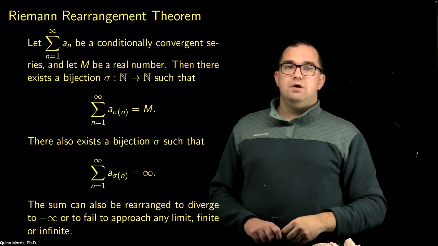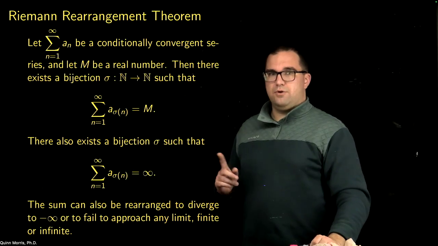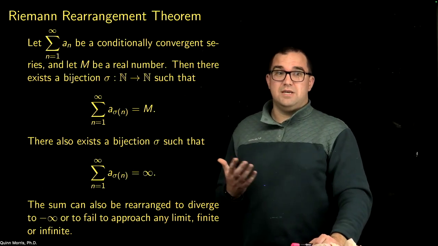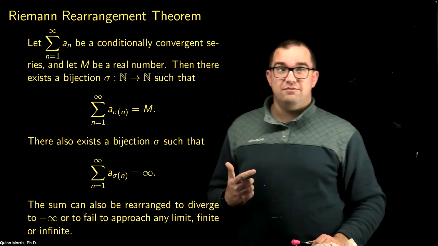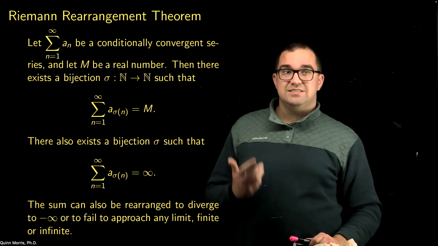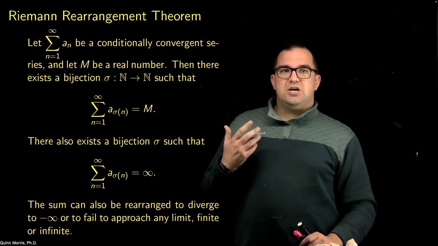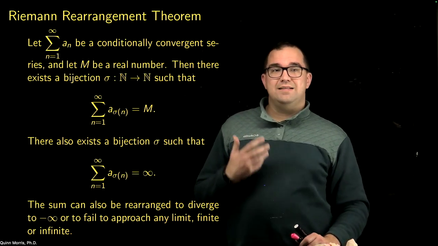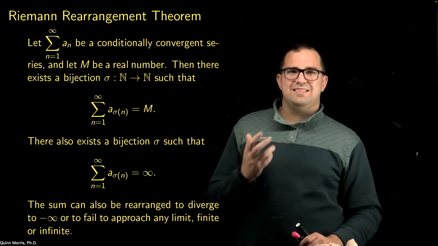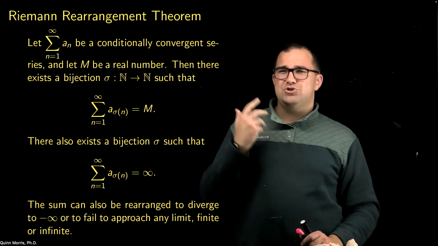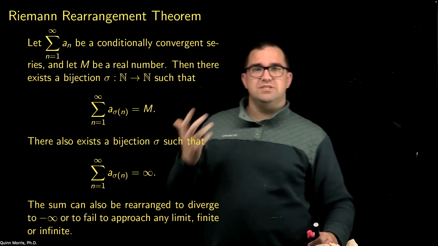Okay, so this Riemann rearrangement theorem really shows us just how poorly behaved conditionally convergent series are. Now, in part, this is just a consequence of how we define series convergence. You might think this is so bad that we really shouldn't even think of these as convergent series.